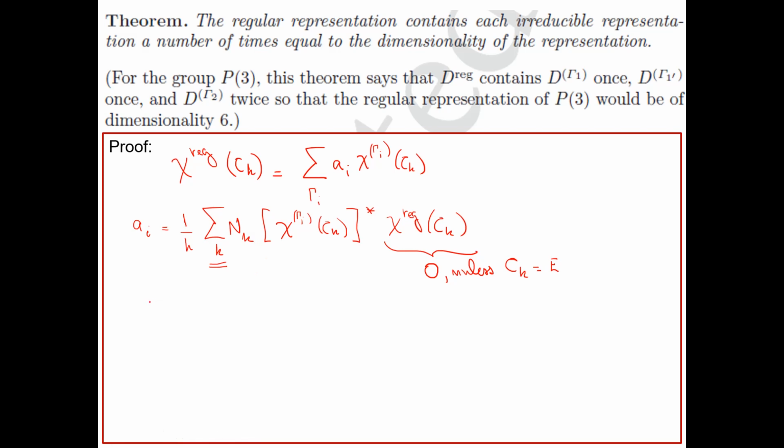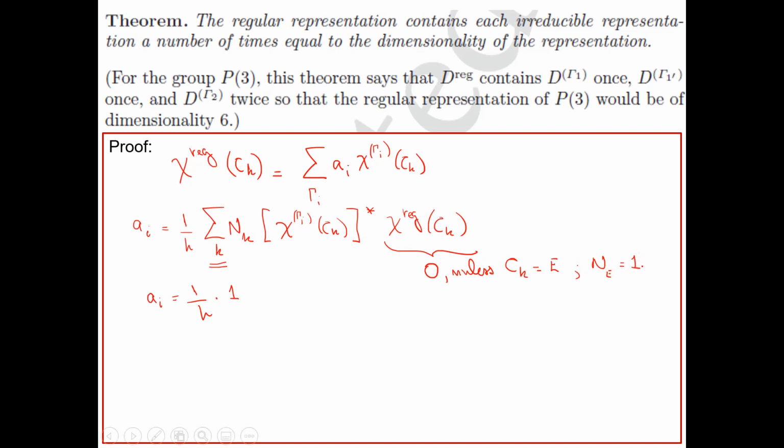So then I can write a_i simply as 1 over h, and the number of elements in the identity class is just 1. The number of elements in the identity class is always 1.